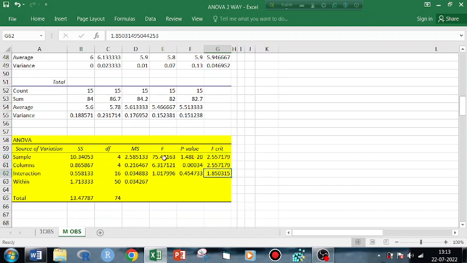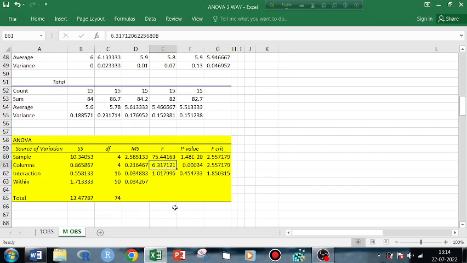Comparing, we see this is way larger than the tabulated value, so we reject the null. We reject the null that there is no significant effect on the birth weight of the baby due to the order of gravida, and we accept the fact that yes, there is a significant effect on the birth weight of the babies due to the order of gravida here.